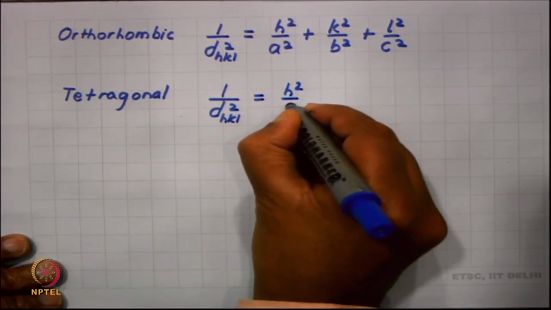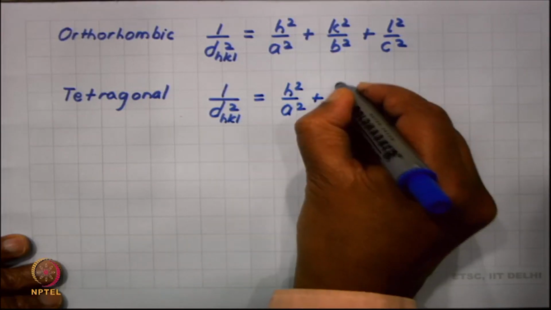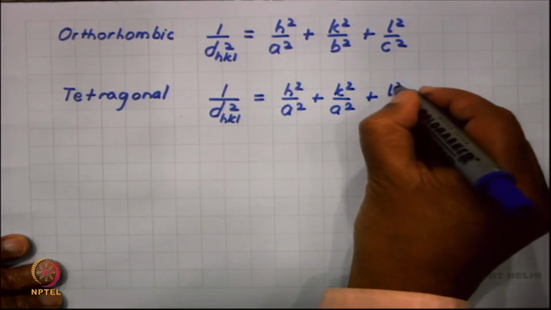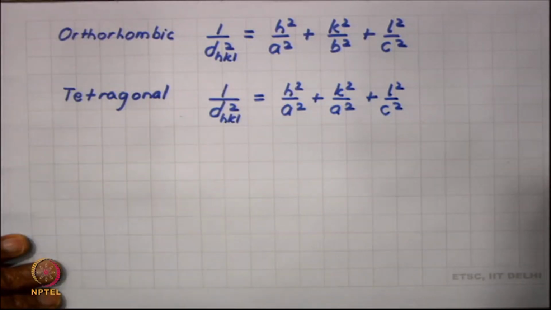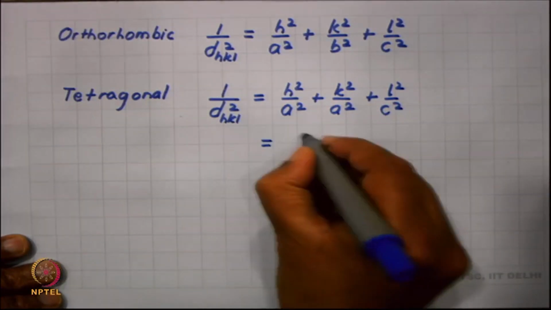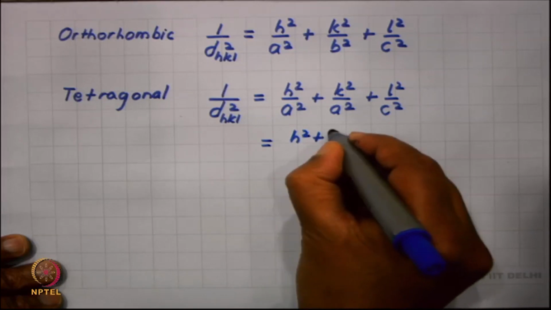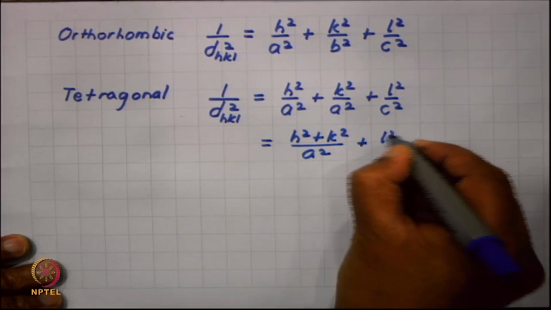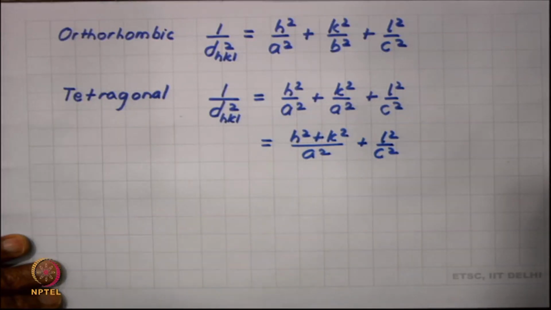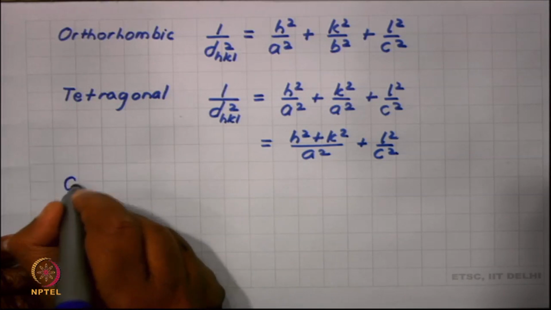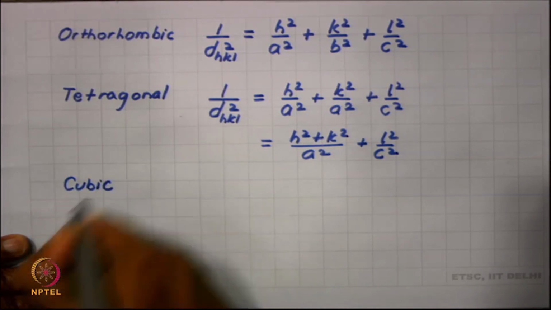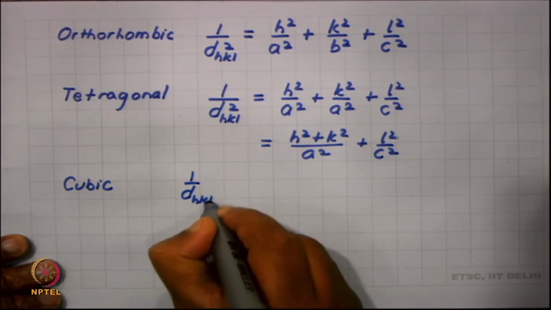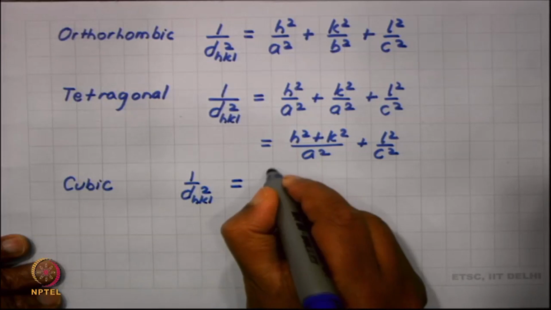So, you have h squared plus k squared by a squared plus l squared by c squared. And for cubic, all the 3 parameters will be equal, so you get an even simpler formula.